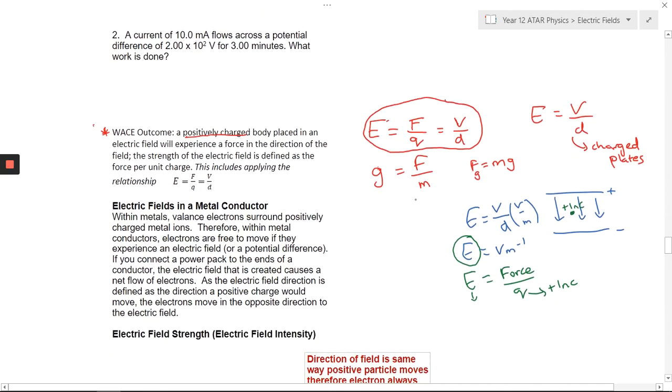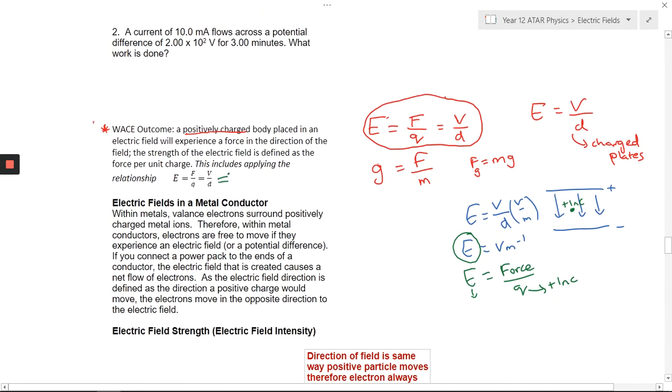So I just want to note that these equations are often used to calculate the force on a charge between two charged plates.